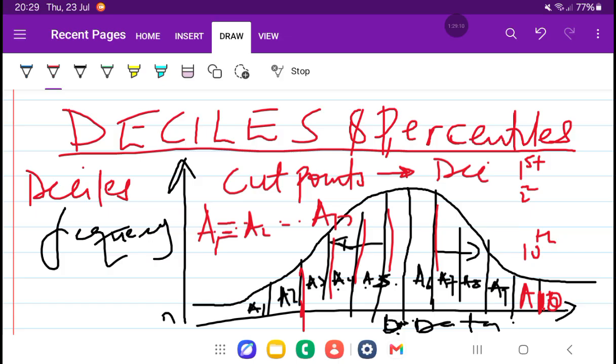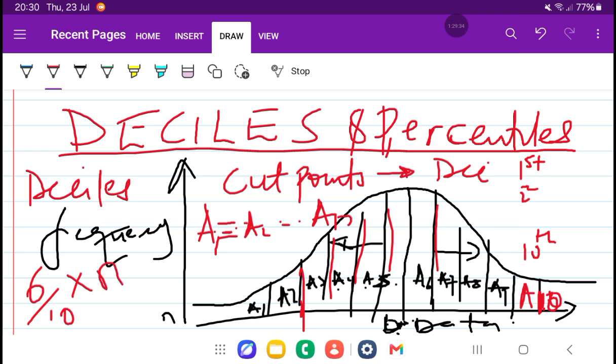If we are picking for maybe a 6, it will be 6 out of 10 times n. If you have been given n, this will be the n.